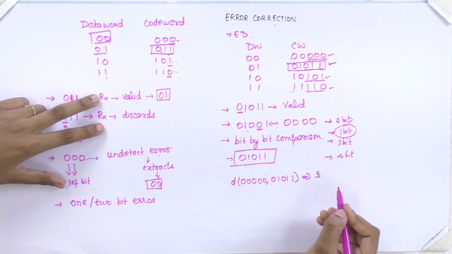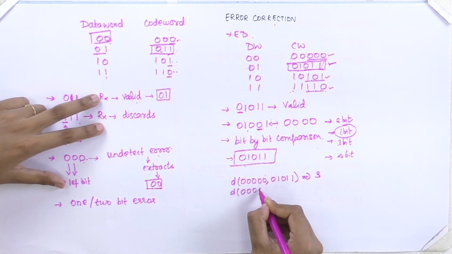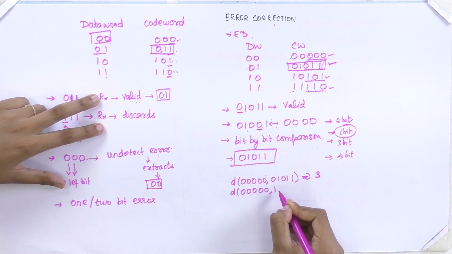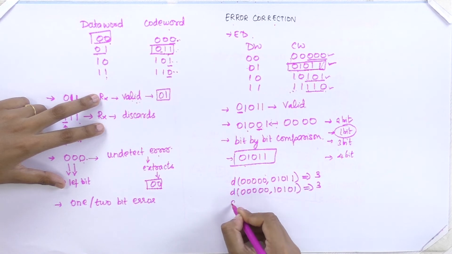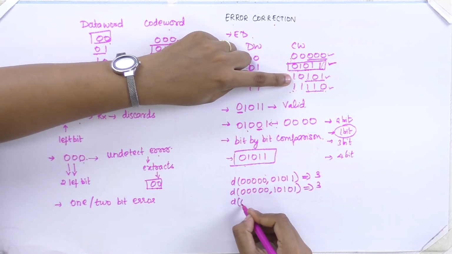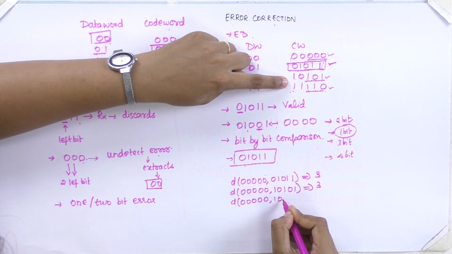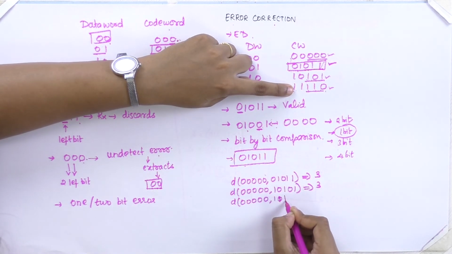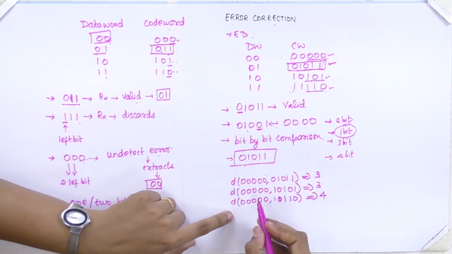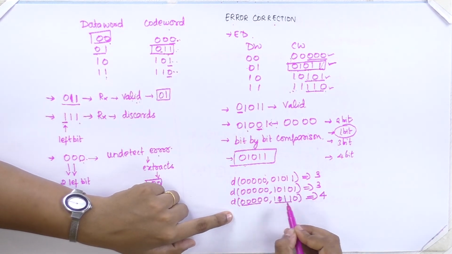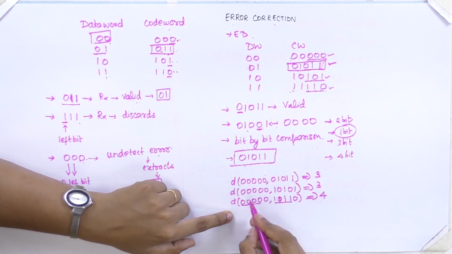It will be 3. Same, D of 00000 and 10101. So this will be 3. Next, 00000 and 11110, which will be a difference of 4, which means that 4 bits have changed. The difference between these two words will be 4.